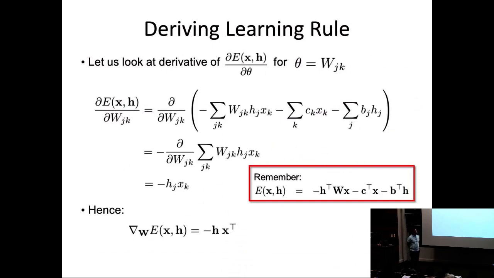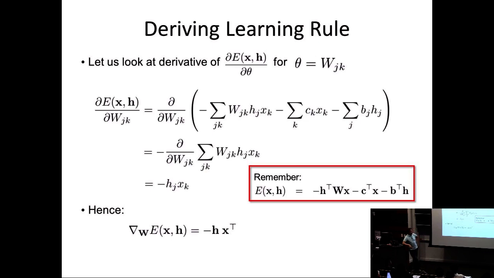Okay, so let's look at the learning rule. How do we actually derive the learning rule? Well, if we look at the derivative of the energy with respect to the parameter W_jk, it is just h_j x_k. It's very simple.